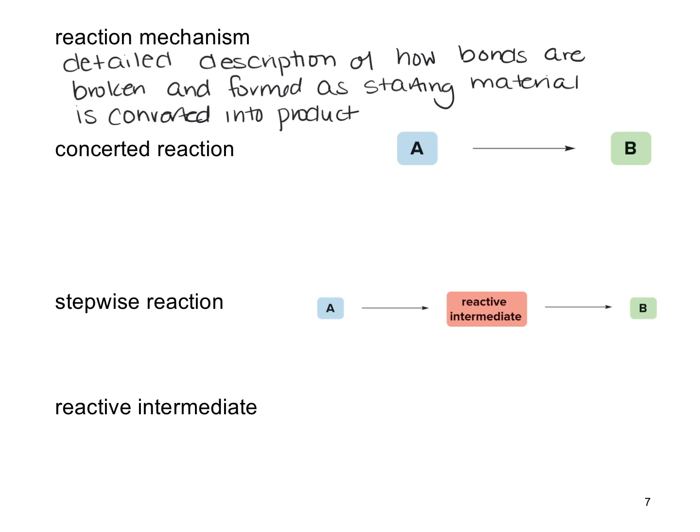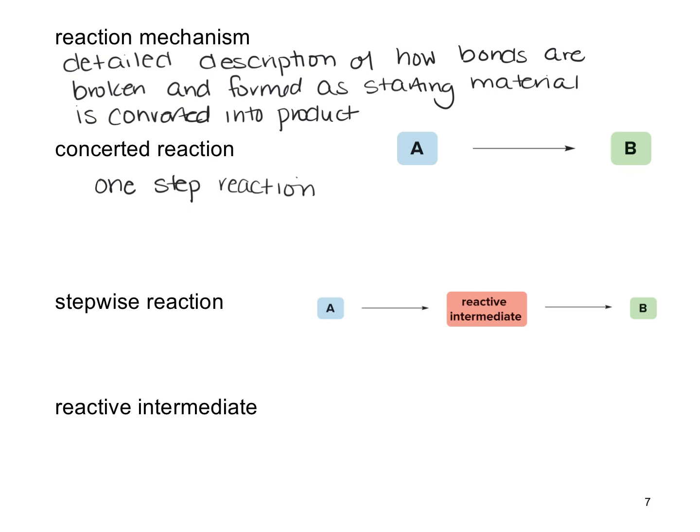A reaction can occur as one step or a series of steps. A one-step reaction is called a concerted reaction. We can see a schematic here where you have reactants and it goes to products. The idea is that no matter how many bonds are broken or formed, a starting material is directly converted to a product.